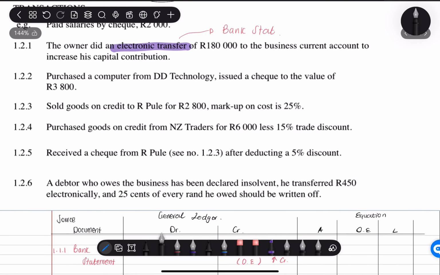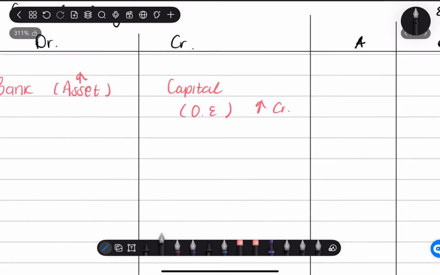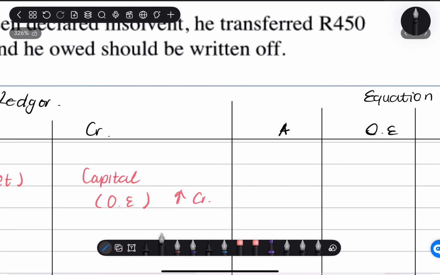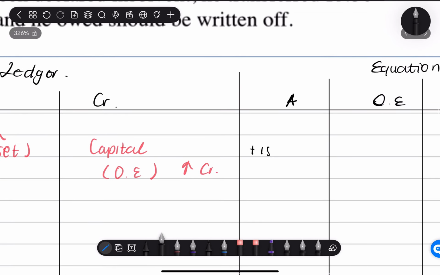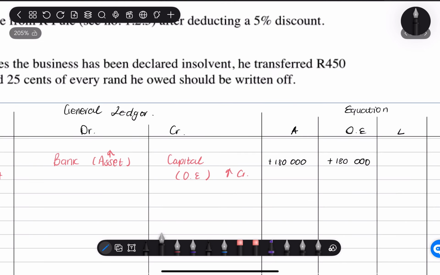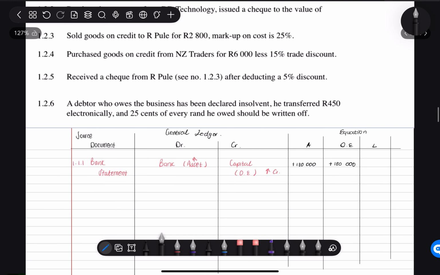How much did he transfer? Plus 180,000. Increase owner's equity by how much? Increase the value of the business, 180,000. There's nothing that relates to liability, so liability is 0. Are we happy?